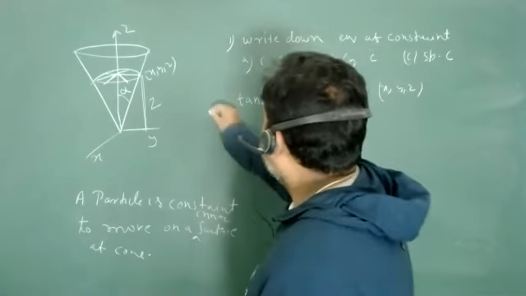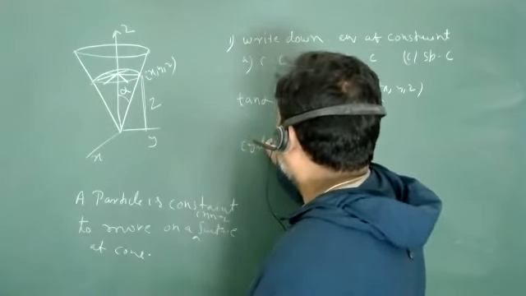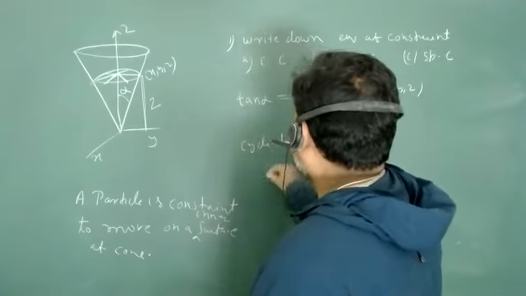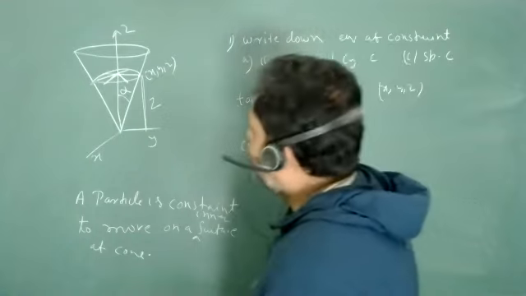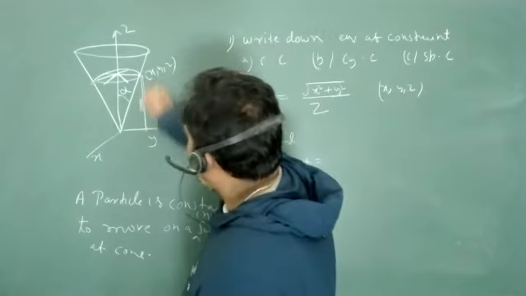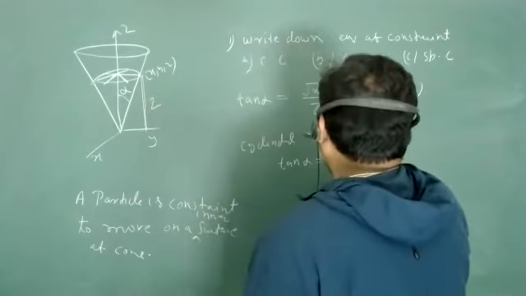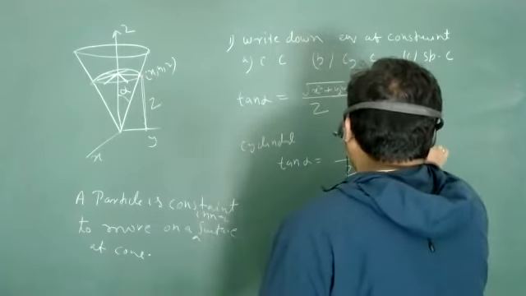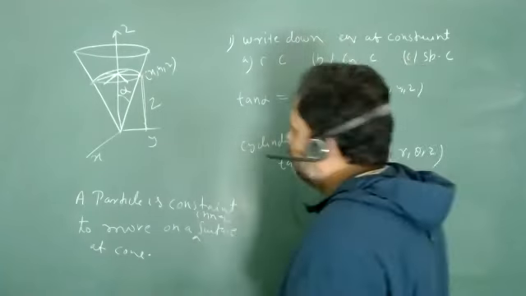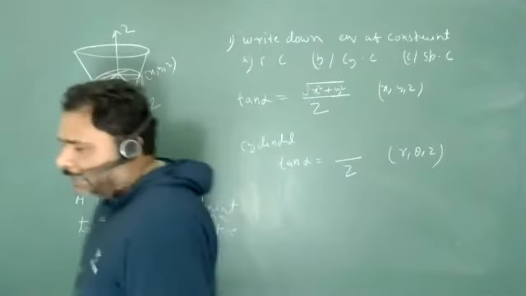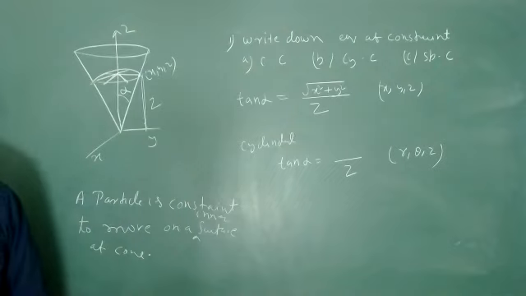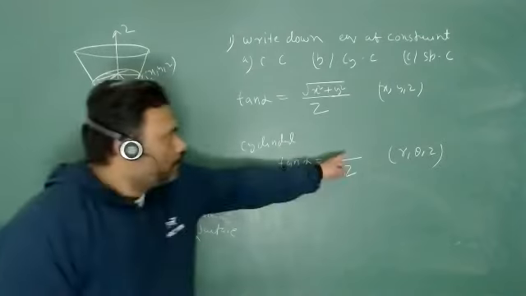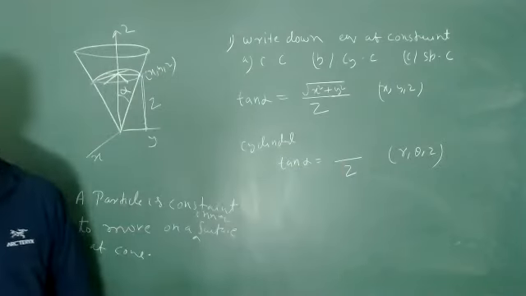Now, let's go for cylindrical coordinates. What is tan alpha in cylindrical coordinates? Again, this z will remain z, because here we have to go for r, theta, and z, isn't it? And what is this term in cylindrical coordinates?